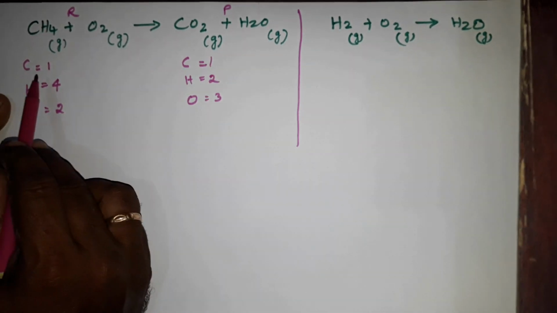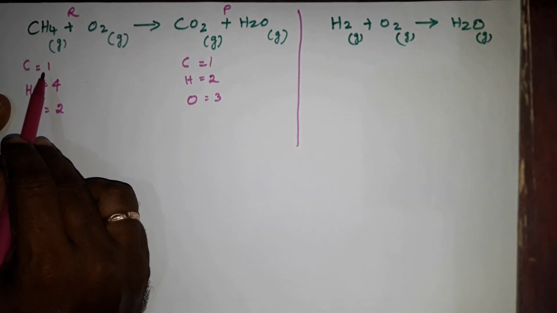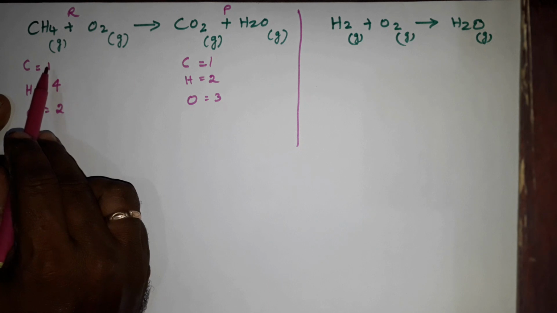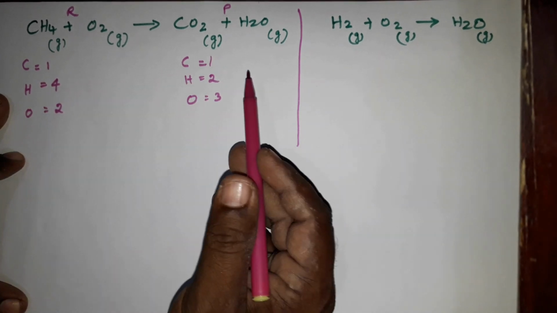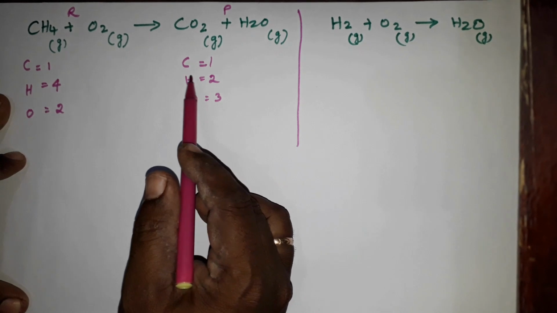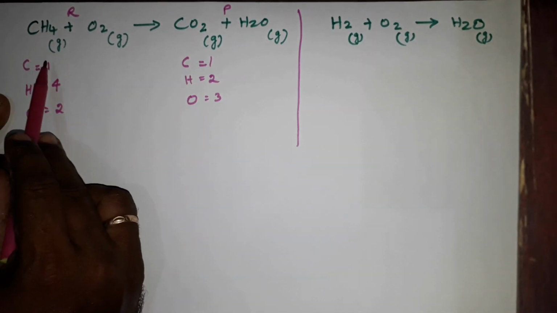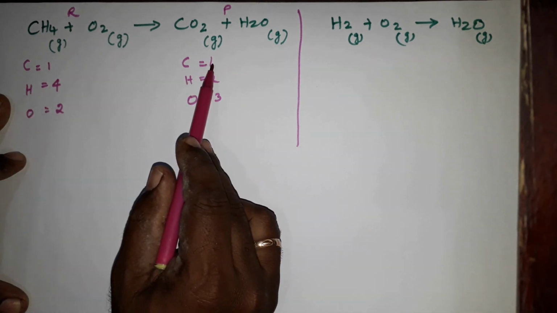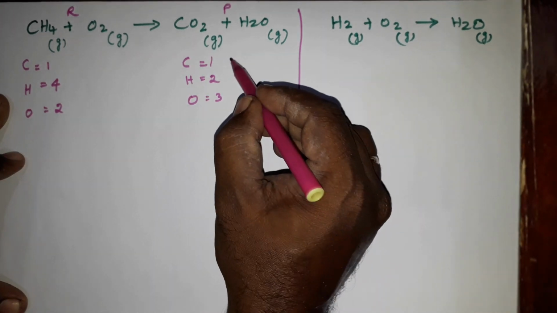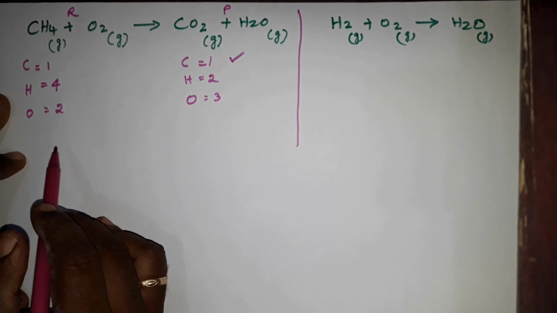So check the number of atoms present in the reactant side, and check the number of atoms present in the product side. See here, carbon, reactant side 1, product side also 1. So this carbon atom is balanced.